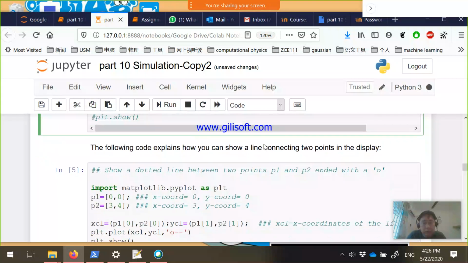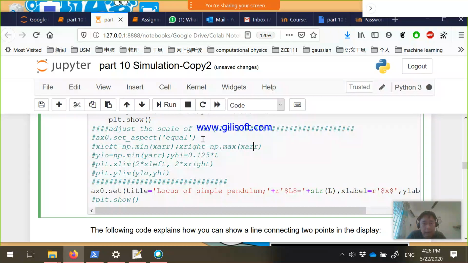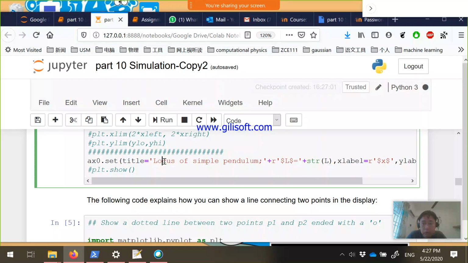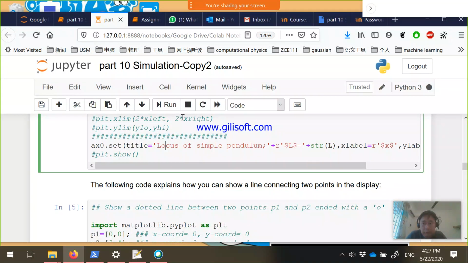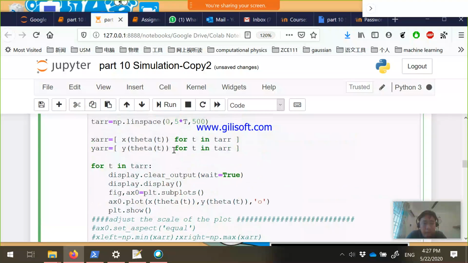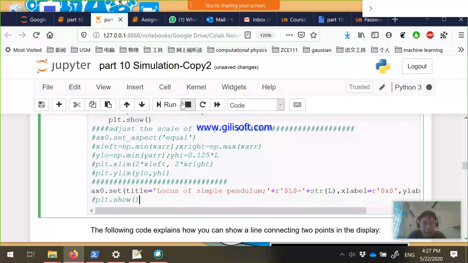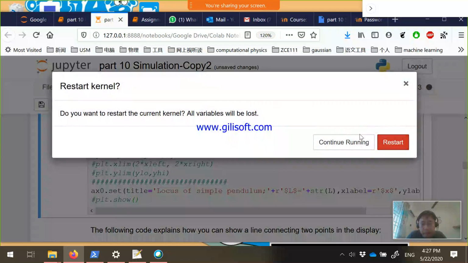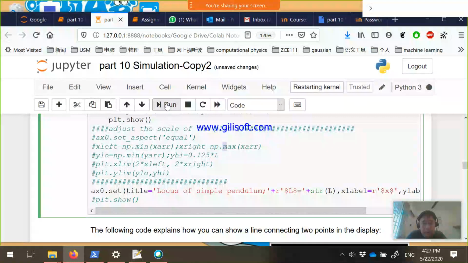So again, I don't know where the simulation went wrong. I just press run, save it. It doesn't show up. Simulations. Try again. Run it again. So I'm waiting for the simulation to show up. If it doesn't show up, then I have to stop and restart the kernel. Then run again.